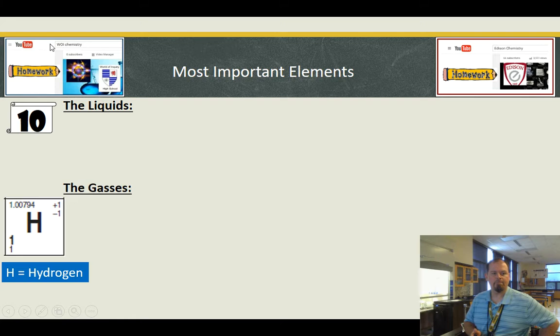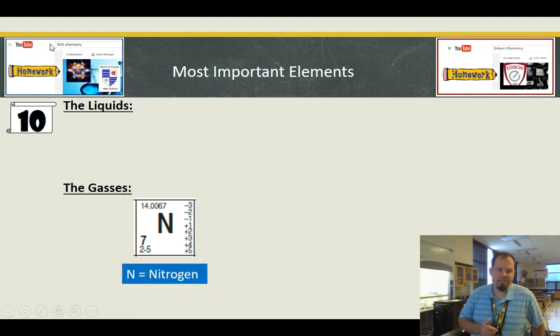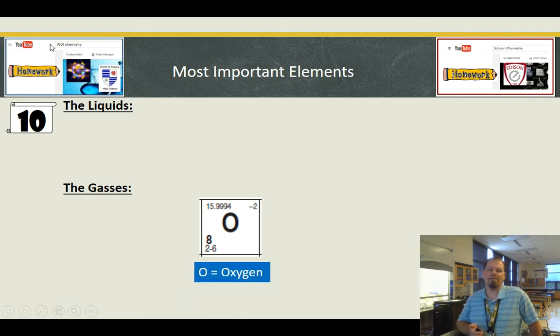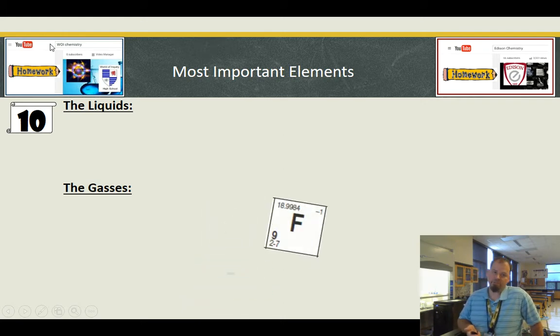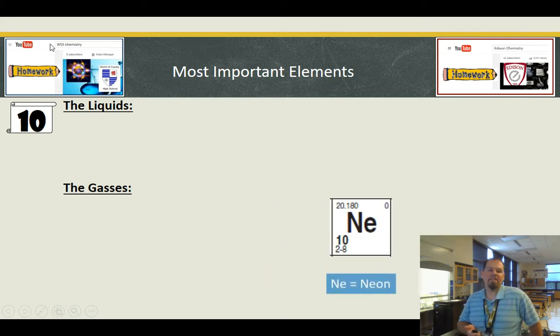Hydrogen is a gas. Helium is a gas. We know this. You've heard of helium balloons. Nitrogen is a gas, the element that's most abundant in our actual atmosphere. Oxygen is a gas. We're breathing that. Got it. With some nitrogen, of course. Fluorine is a gas, the most reactive non-metal, by the way. Neon is a gas.